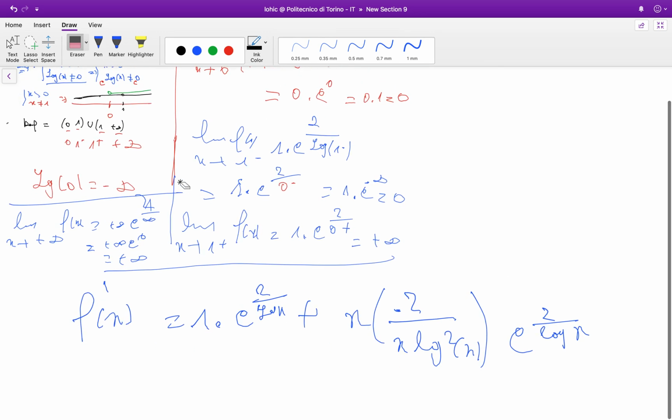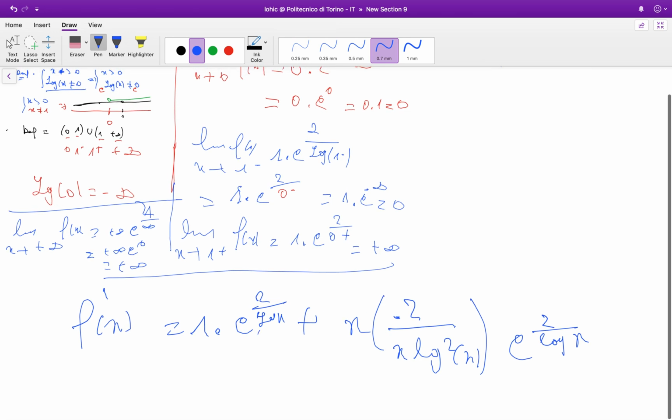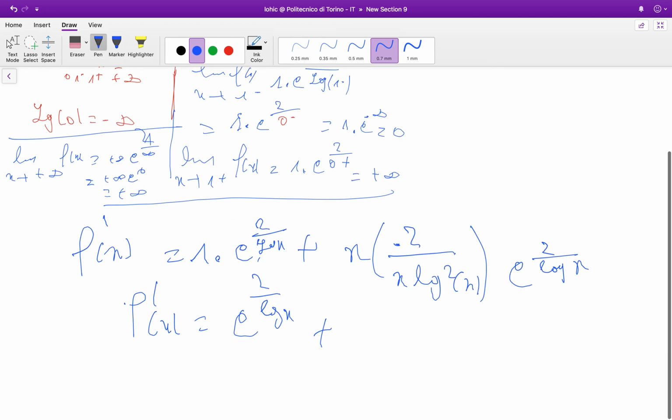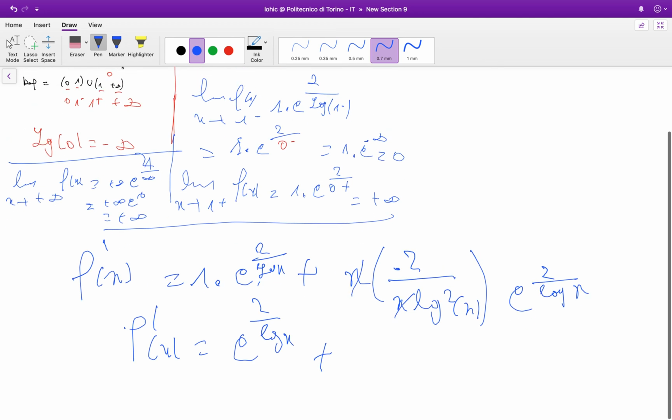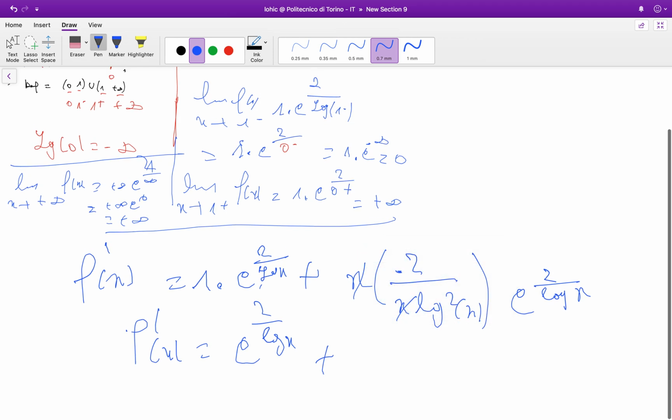So this is the job. Now we simplify it. So f prime of x will be equal to exponential of 2 over log of x plus, look that this x and this x can simplify, and we'll just remain with minus 2 over log square of x plus exponential of 2 over log of x.